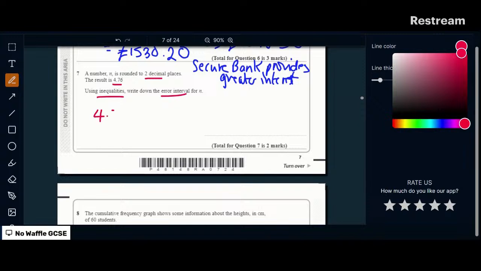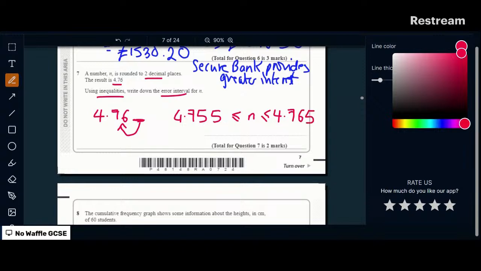So we've got our number 4.76. So this had another value after it that determined this being rounded. So what could that possible value be? That is what we're trying to show here. So the minimum possible value is going to be 4.755. And then the maximum value is going to be 4.765.